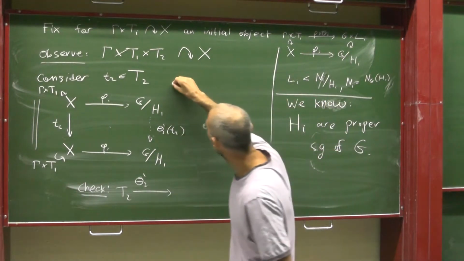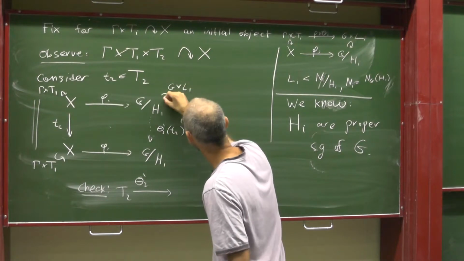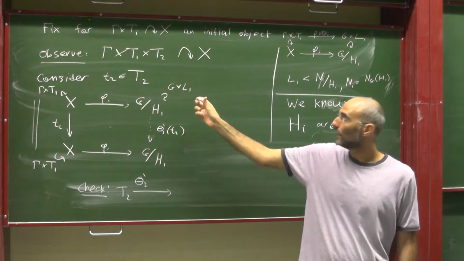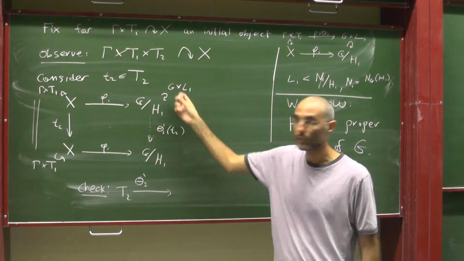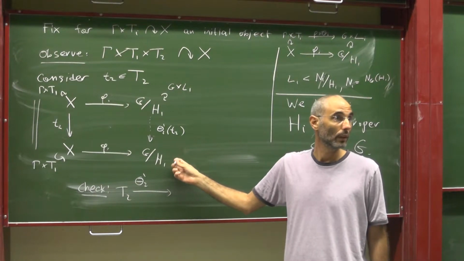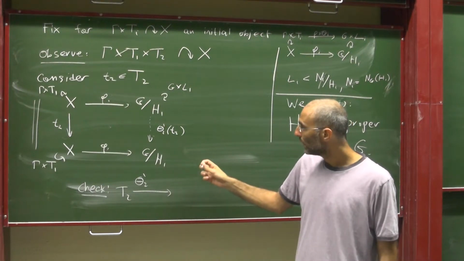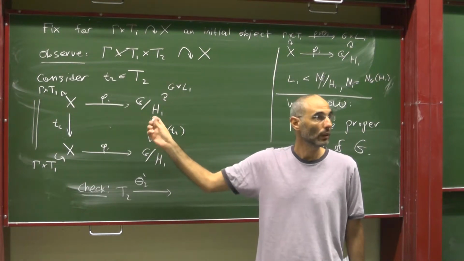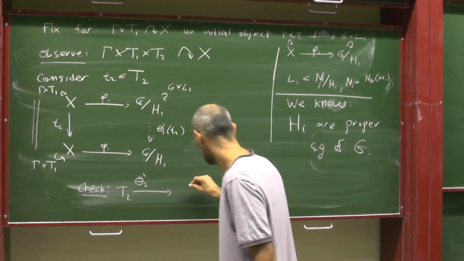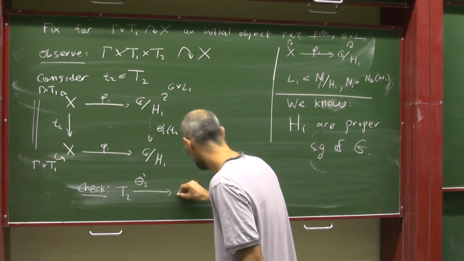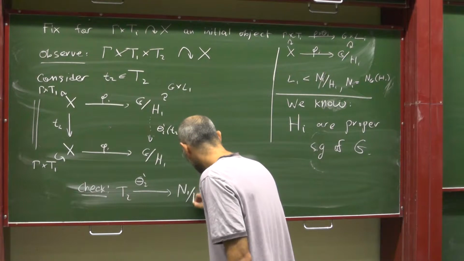So here you have an action of G times L1. And this should be equivalent with respect to this action. In particular, it is G equivariant. This will be a map into the automorphisms of G mod H1 commuting with G. It will be a map into N1 mod H1.